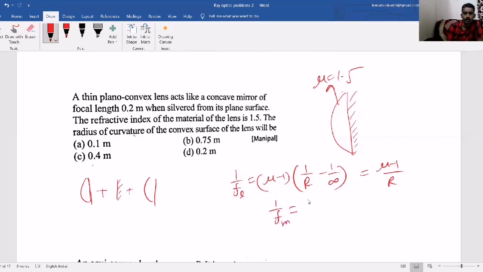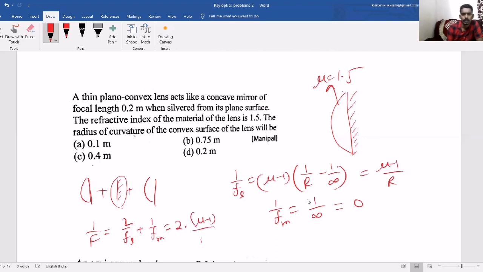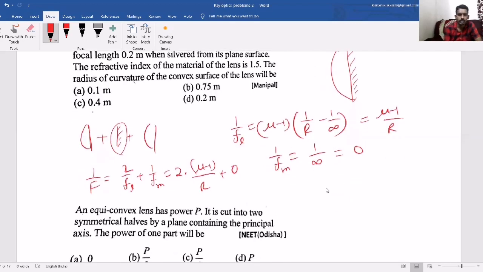And 1 by f mirror, if you consider, the mirror is plane, so infinity. So it will become 0. So the effective focal length: 1 by F equal to 2 by FL plus 1 by FM, where 2 into 1 by FL is mu minus 1 by R, plus 1 by FM is 0. Now here the focal length they mentioned as 0.2 meter.